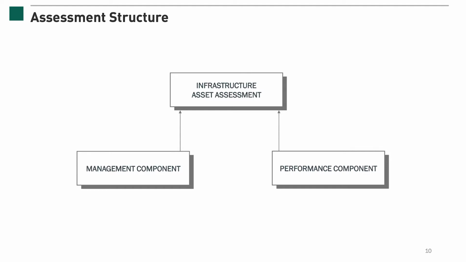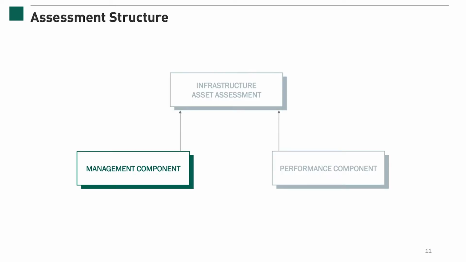As mentioned earlier, the asset assessment has two components: management and performance. Participants are encouraged to complete both components to obtain a GRESB score. However, in certain circumstances, some participants may find it beneficial to complete just one component.